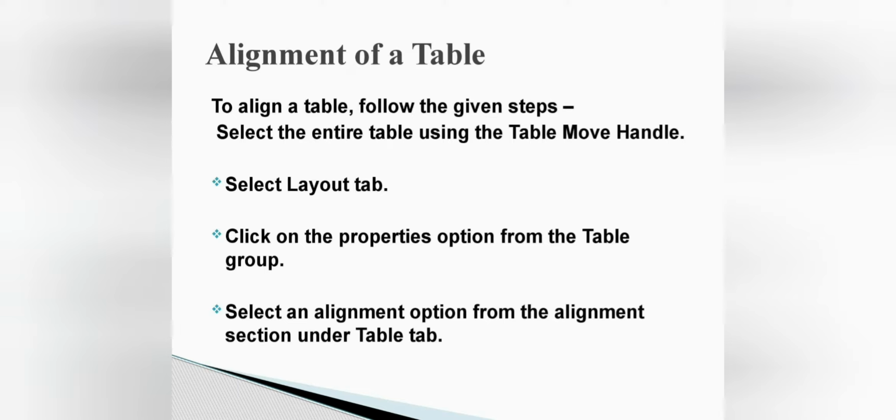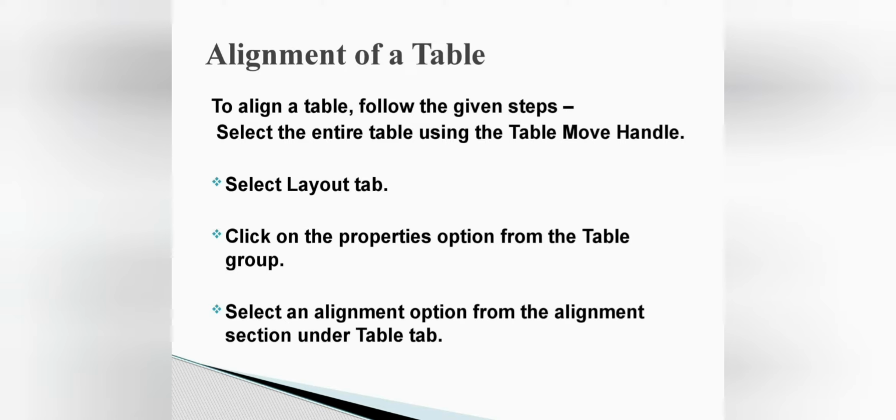So now students, we come to the alignment of a table. What are the steps we have to follow to align the table in a page? These are the steps. We have to select the Layout tab, which we already selected for resizing the table also. In the Layout tab we have to select the Table group, which is the very first group of the Layout tab.